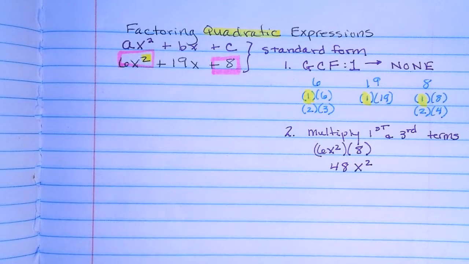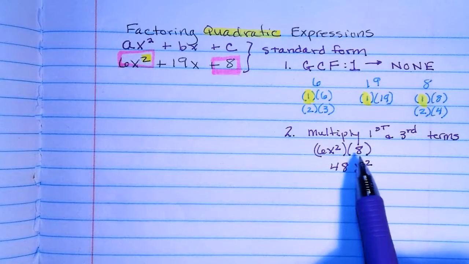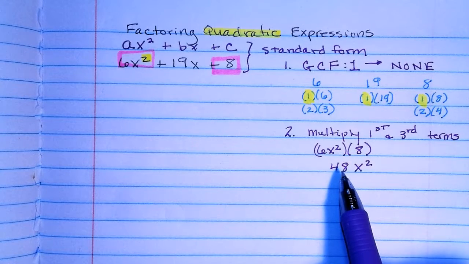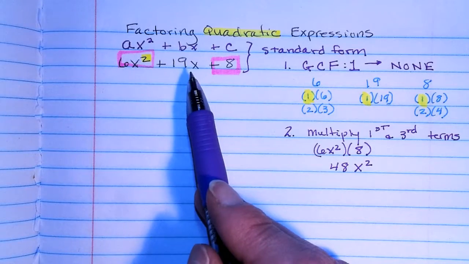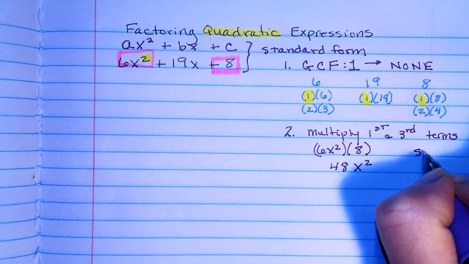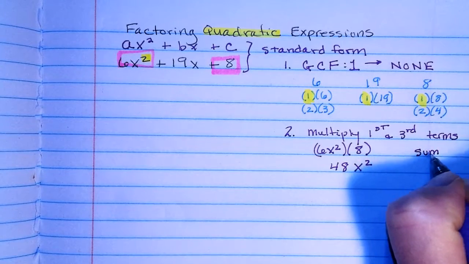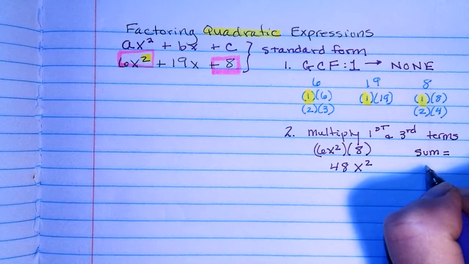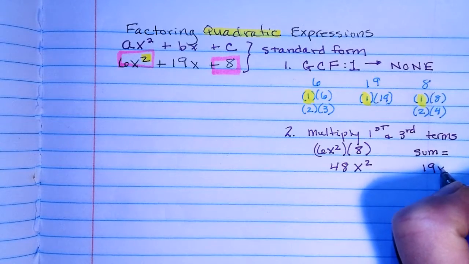Now the reason I'm multiplying these is because I want to find the factors of these that add up to my middle term. So right here, I want the sum to equal 19x.